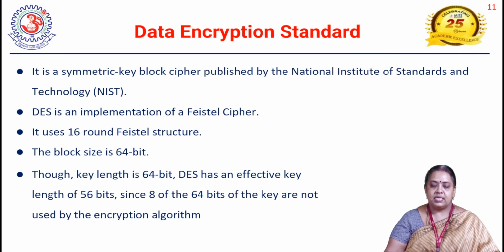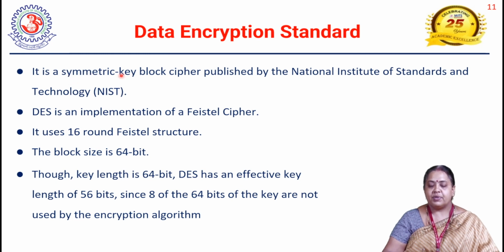So DES is a symmetric key block cipher algorithm. It is a block cipher because the algorithm operates on blocks, and it belongs to symmetric key. Cryptographic algorithms are divided into two: symmetric and asymmetric. If only one key is used for encryption as well as decryption, we call it symmetric.